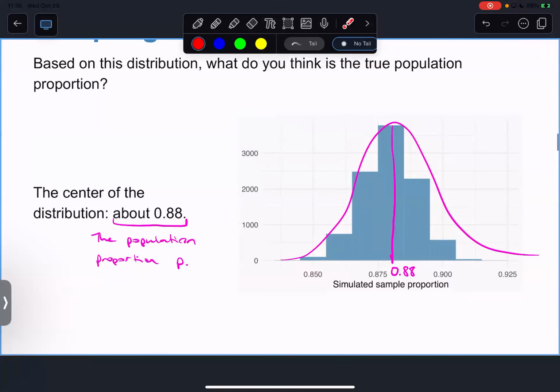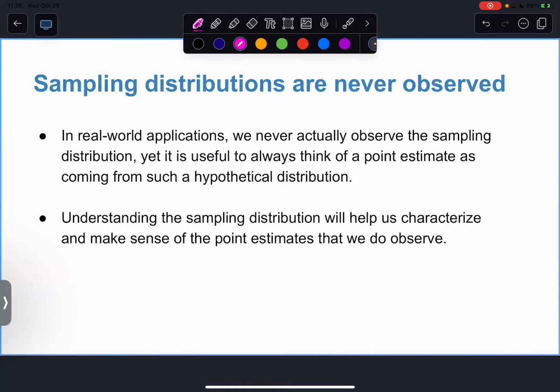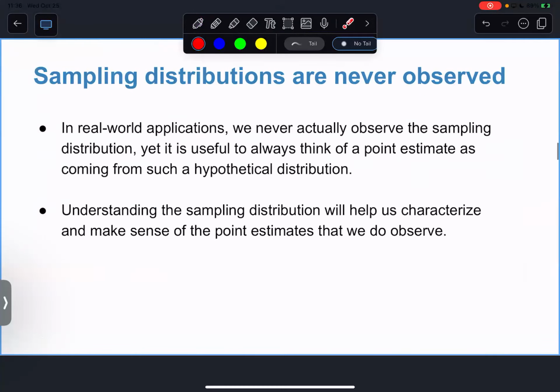And it's coming from this sampling distribution, which is the collection of all the possible samples. I'll write that here. It's the collection of possible samples. In real world applications, we never actually observe the sampling distribution, but we do have established sampling distributions that we refer to.